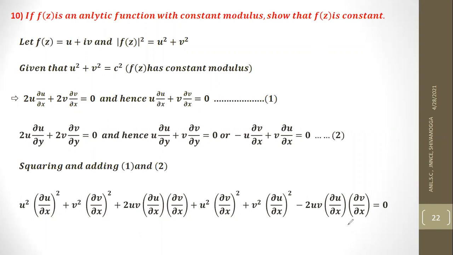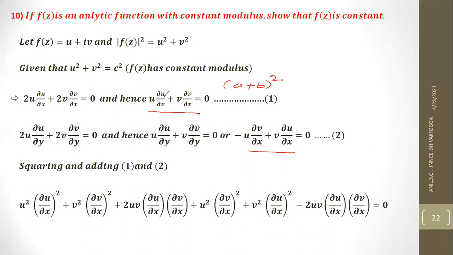Now square and add these two equations. Square and add equation number 1 and equation number 2. If you square this expression, u into del u by del x plus v into del v by del x whole square, that means a plus b whole square form.